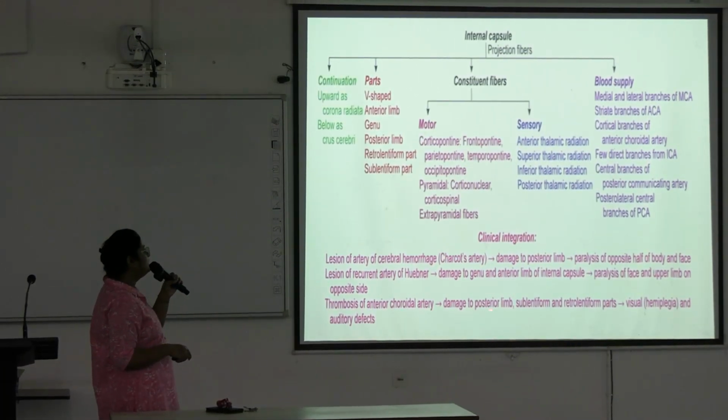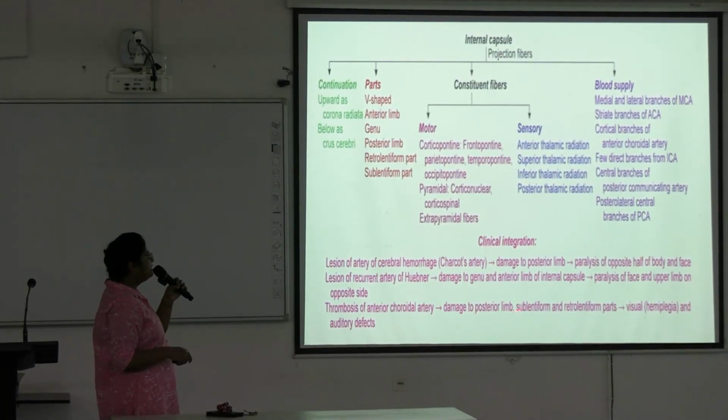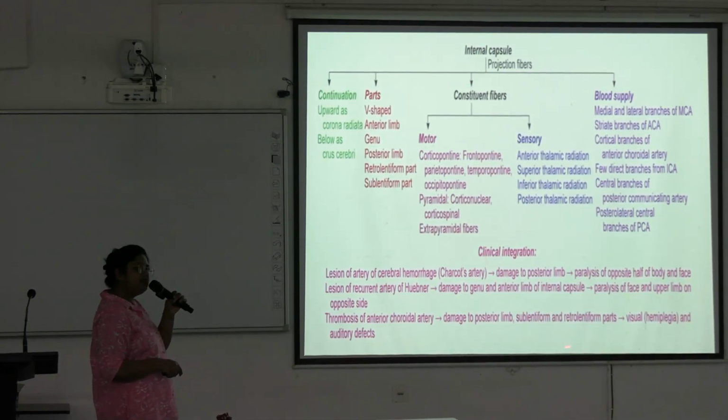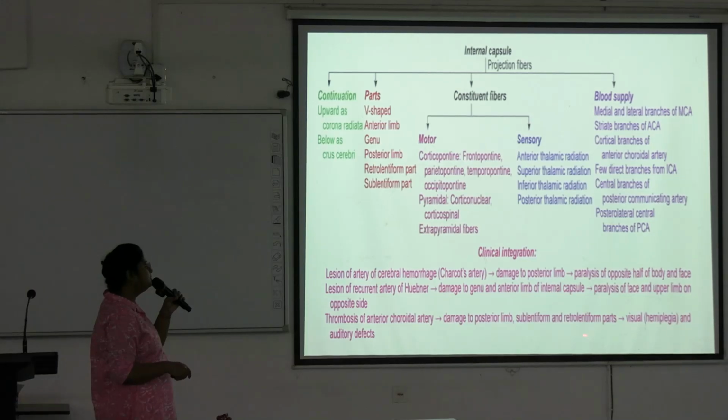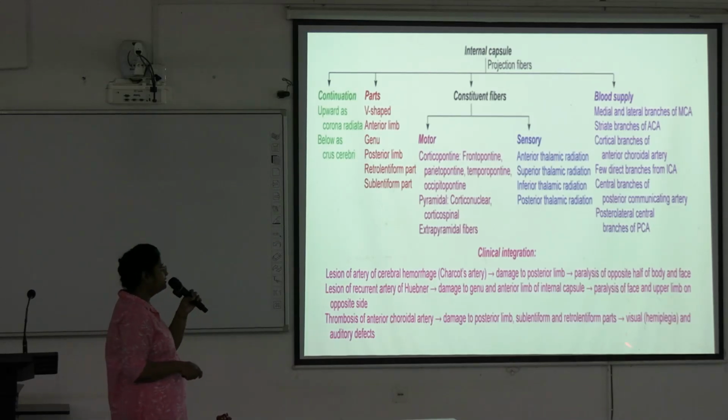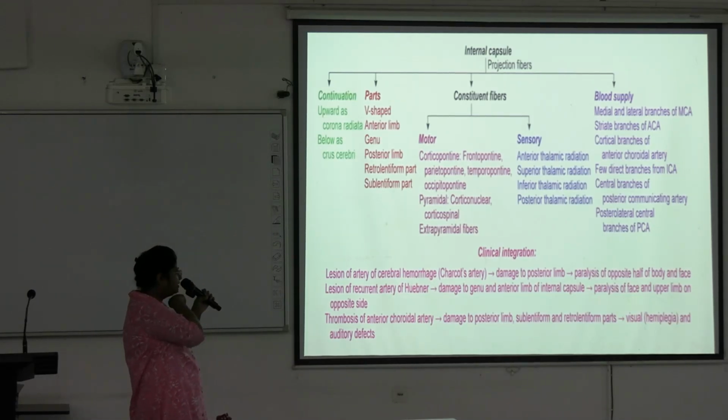And thrombosis of the anterior choroidal artery will lead to damage to the posterior limb, sublentiform and retrolentiform part, and will lead to hemiplegia, visual defects and auditory defects.